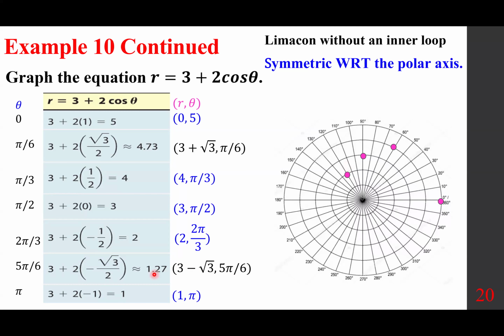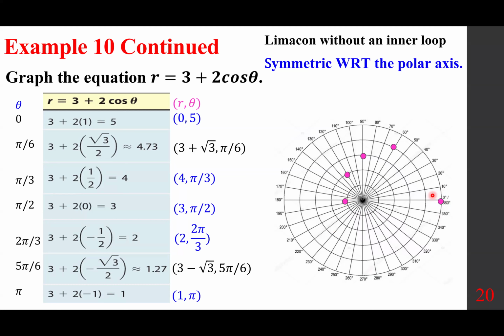This one is about 1.27, so 5 pi over 6. That means 150 degrees, and 1.27 is somewhere there. But let me go with the easy one. 1 comma pi. So going this way and 1 tick mark. So roughly there. And then the bottom is identical.